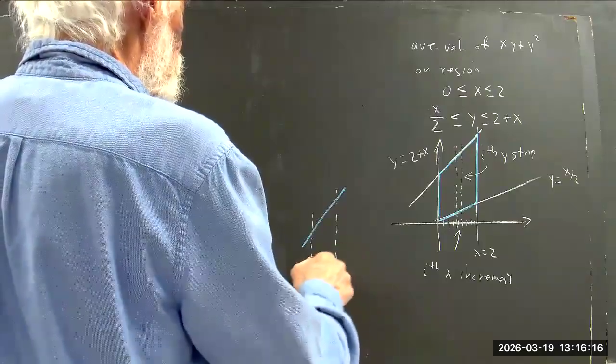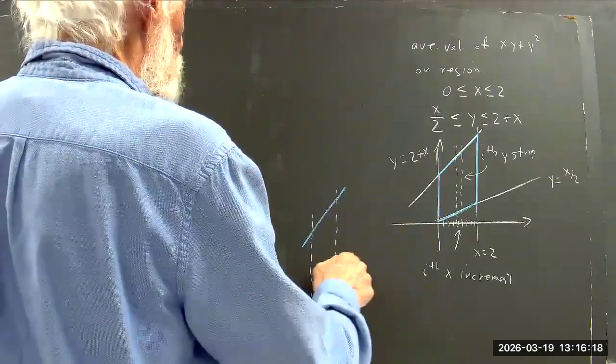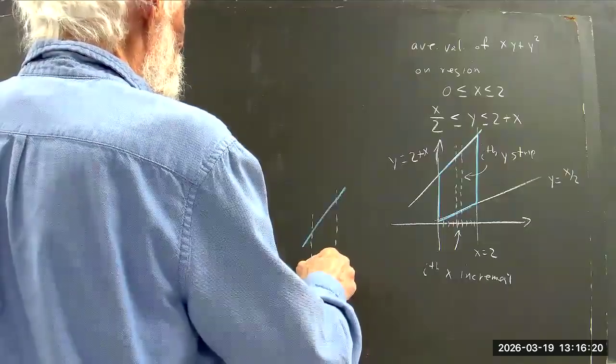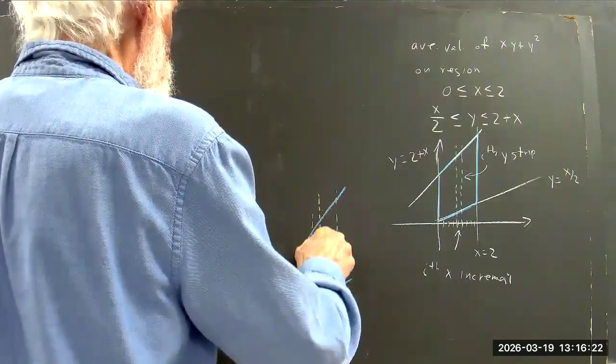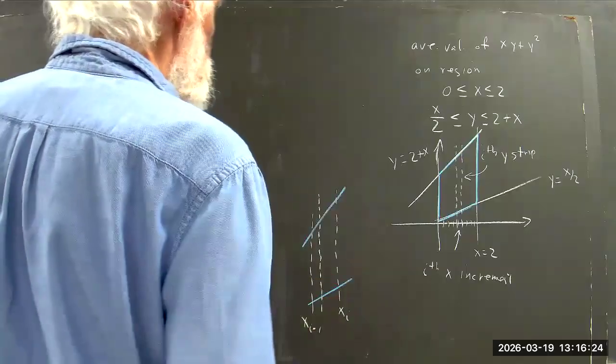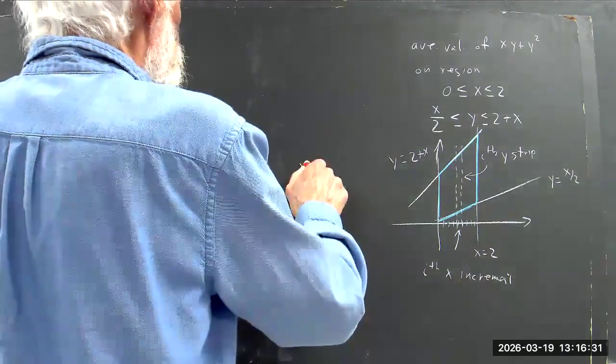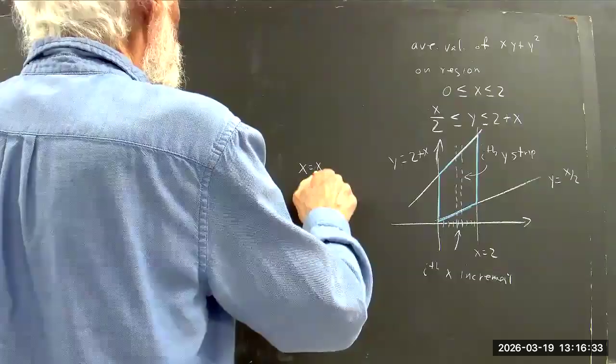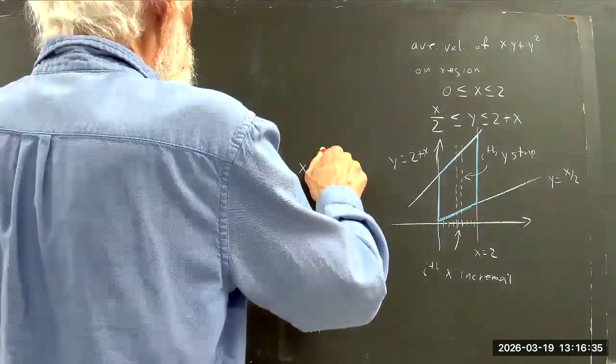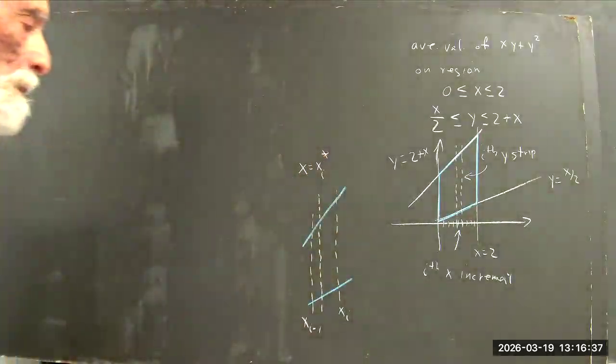I'll keep doing this the rest of my life unless somebody claps their hands. There we go. So it's right here. So right there is what happens to be my sample point, my sample x. That's going to be x equals x sub i star.